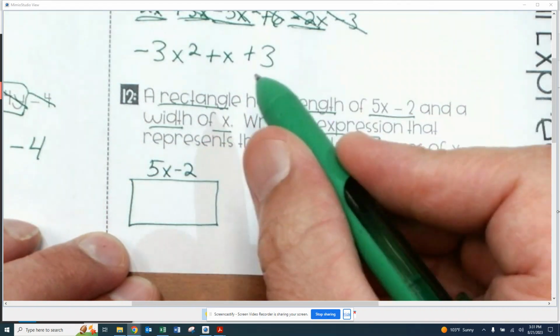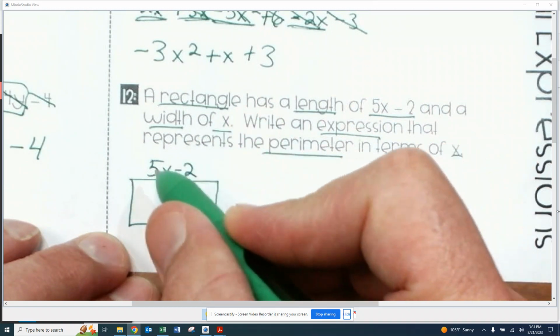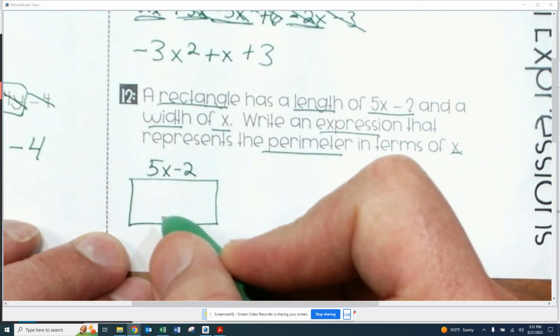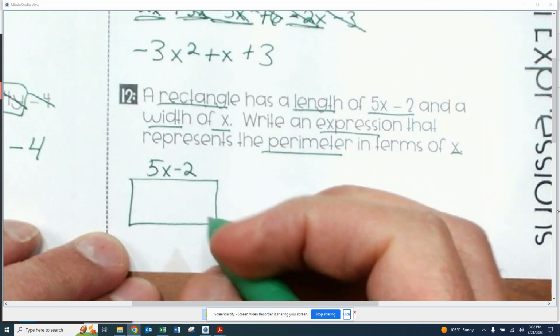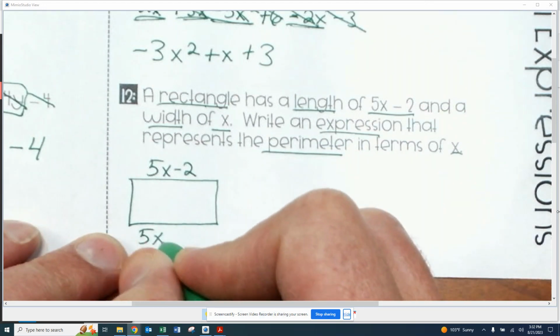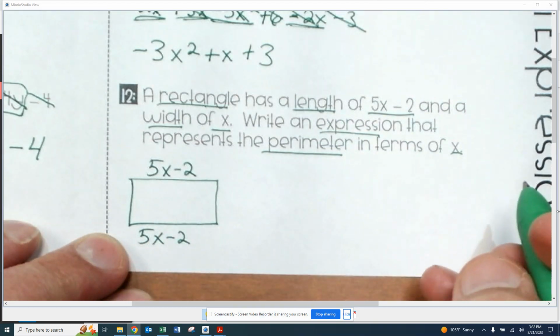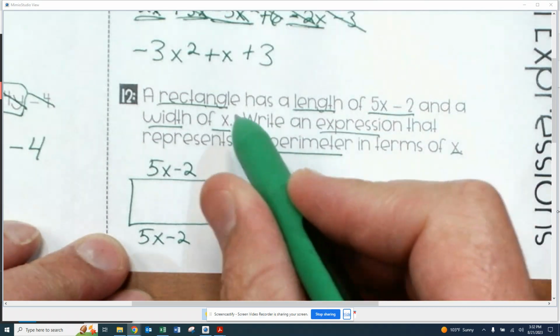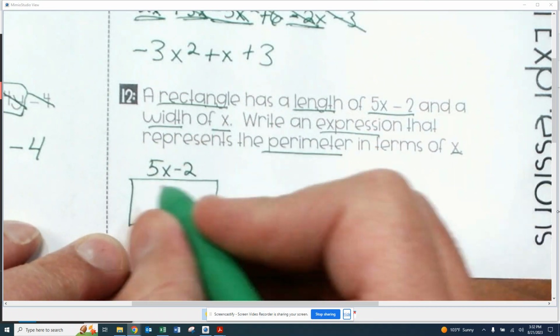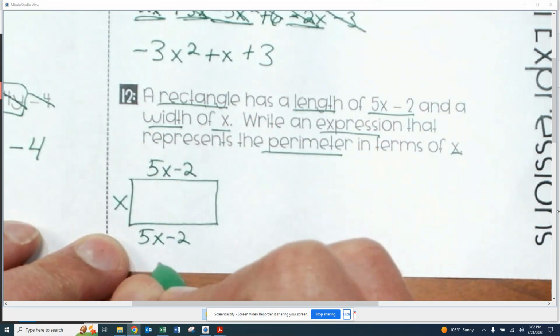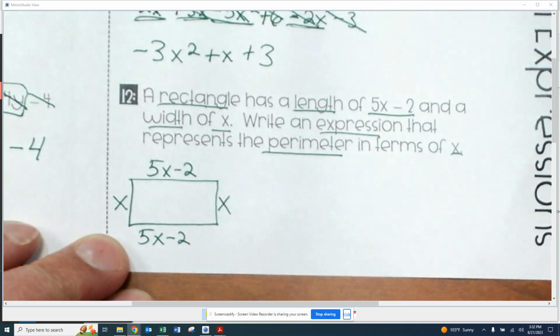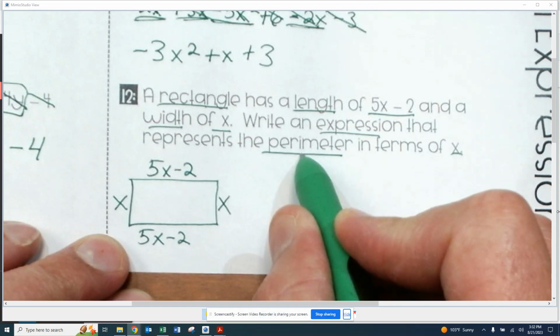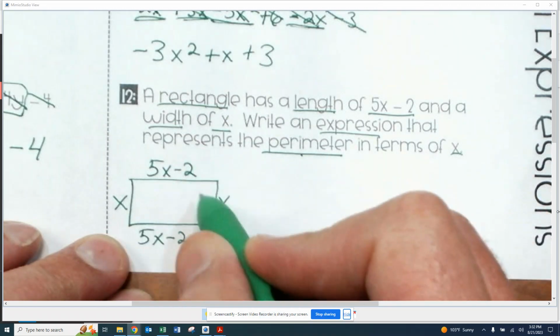One rule I know about rectangles is that what's the length on one side is the exact same length on the other side. So 5x minus 2. And I also know that the width is x. So if this width is x, this width is x. The final part of this puzzle is that I have to find the perimeter in these terms.